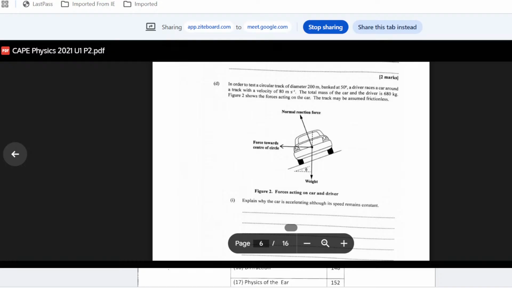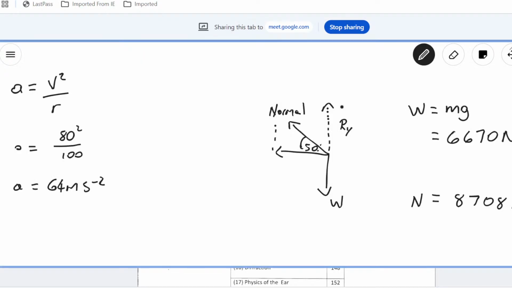Oh, wait. No, the angle. Sorry, that 50 is the banking angle. That 50 should not be here. It should be underneath the car. Wait, no, that 50 is not here.